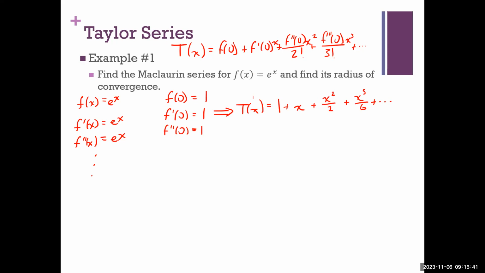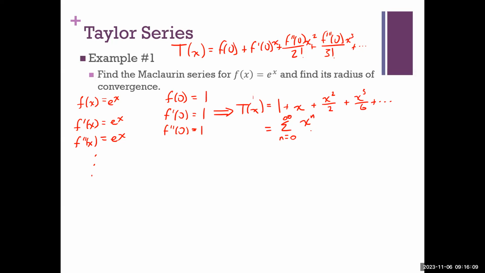Let me generalize that. I've got to stop writing down terms eventually, but if I can condense them all into a sigma notation, that'd be good. Can we do that? What's happening to the powers of x from term to term? Increasing by 1.